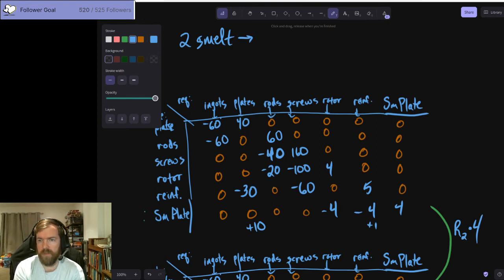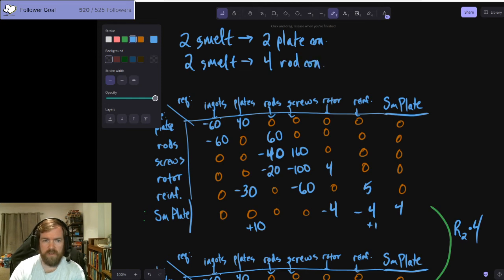Right, so that's going to be two plate constructors. And 15 a minute is 4. Ooh. Two smelters to 4 iron rod constructors. Kind of hope not. It's okay. It's just kind of.